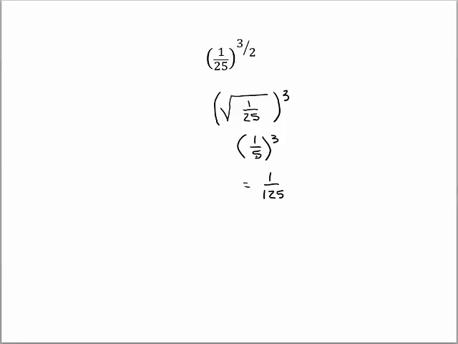I just cubed that 5. All right. So if you remember on these, when you have an exponent that has 2 variables in it, you want to just put that outside the parentheses. It looks a little bit easier that way.